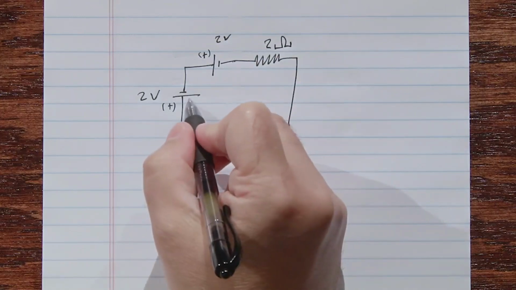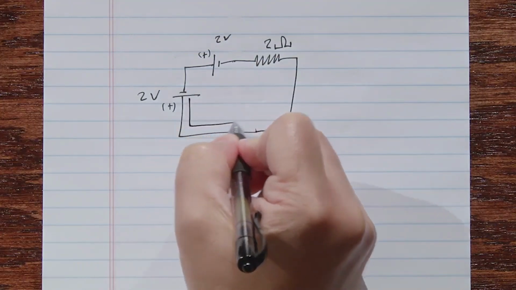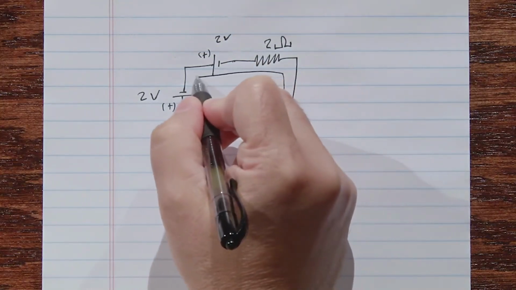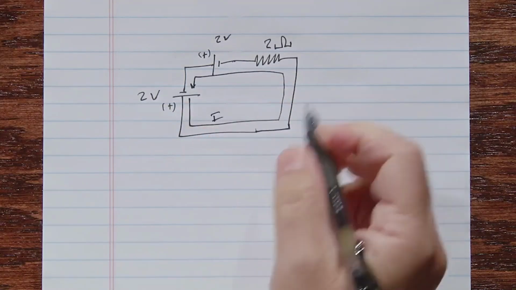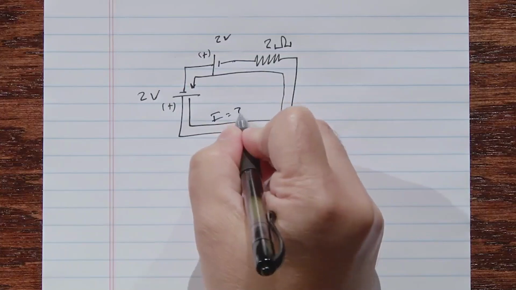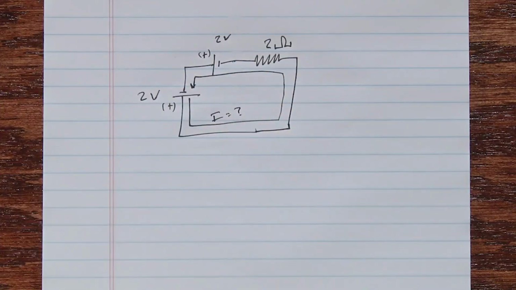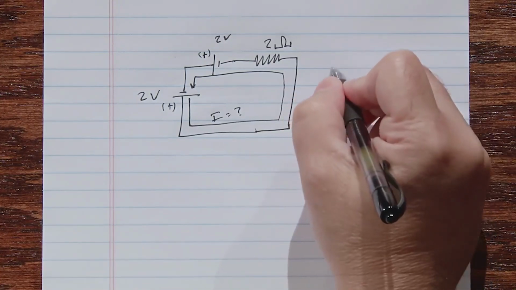And I'm going to assume that that current is going to flow around like this. And we don't know what the current is. We're asked for the work done by the batteries in 10 seconds.